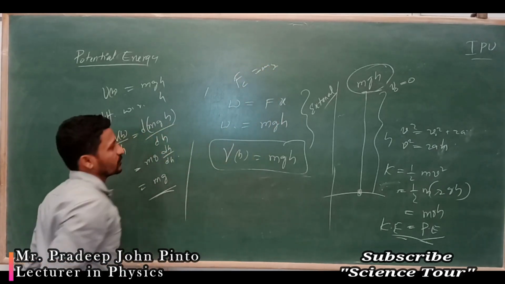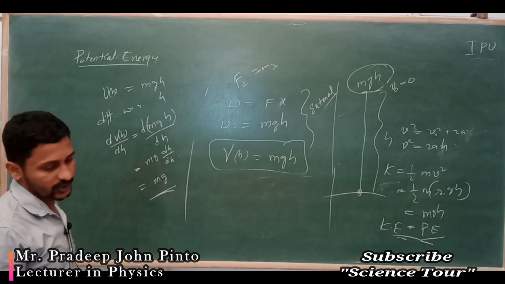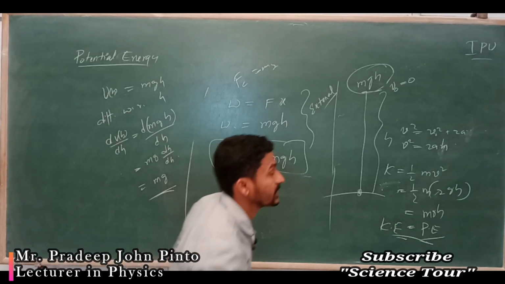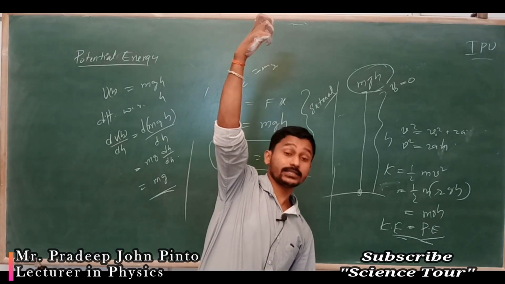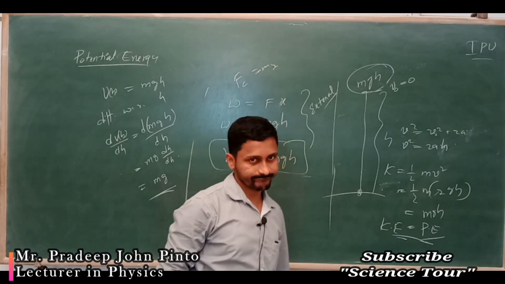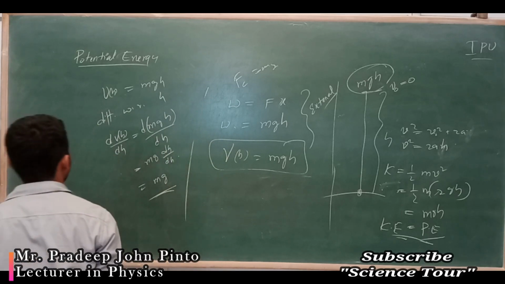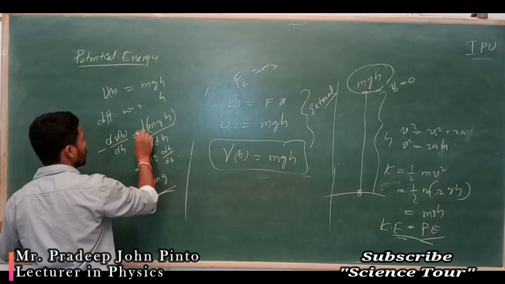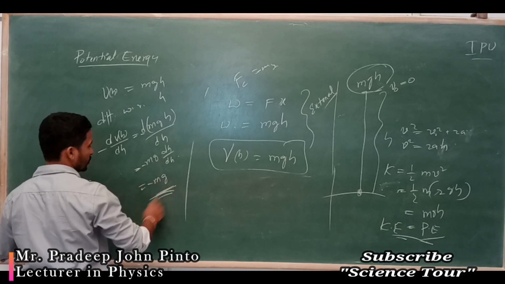But it was negative, right? Conservative, see, I am taking this object to a certain height, but the conservative force was negative, no? Okay. So if I put negative here, the negative of the derivative, it becomes negative, no?